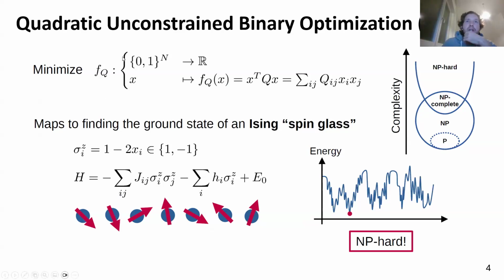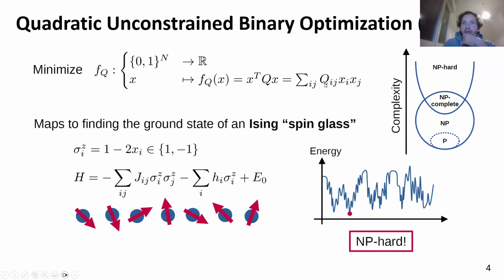Okay, what are the kind of problems that we solve with quantum annealing? Typically, we consider so-called quadratic unconstrained binary optimization problems, QUBO, which in classical variables corresponds to a cost function f given with at most quadratic interactions of classical binary variables, which can be 0 or 1.